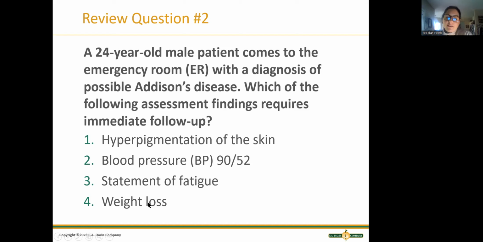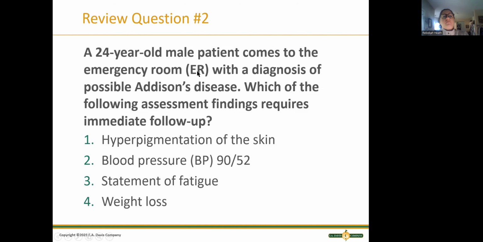And weight loss, same thing. So even if we don't know what Addison's disease is, we can rule out these other answers because a low blood pressure is going to be more concerning. And let's check. Yep, number 2 is correct.